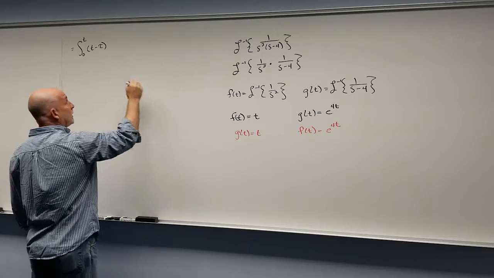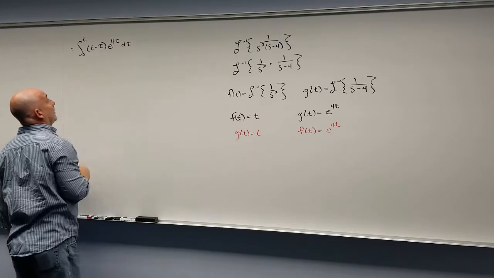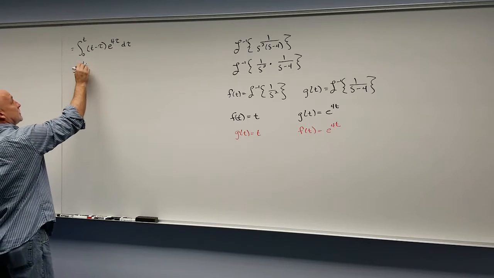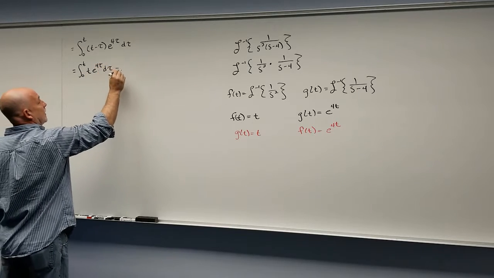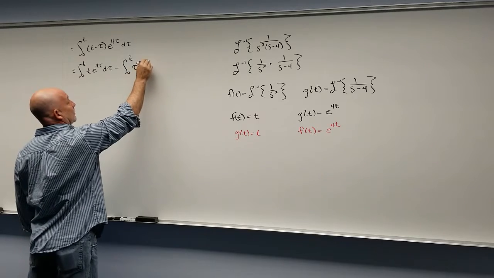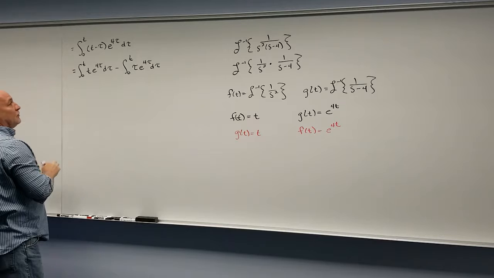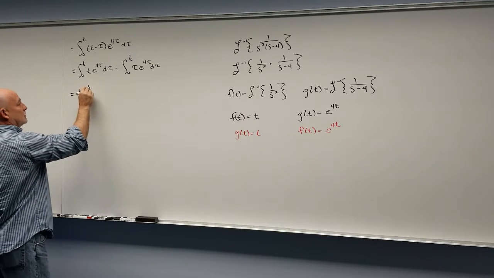And then I'm going to go into f, and where there's a t, I'm going to put a tau. All right, let's go ahead and distribute this. This is the integral from 0 to t of t e to the 4 tau d tau, minus the integral from 0 to t of tau e to the 4 tau d tau. This first integral is very, very easy to do because t is a constant, so you can pull that out front if you want.